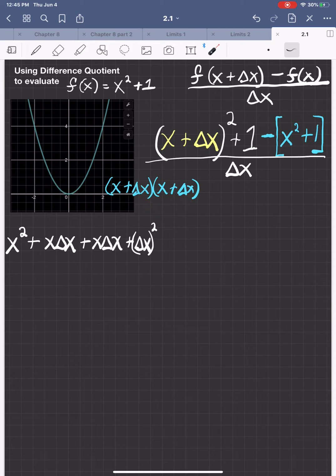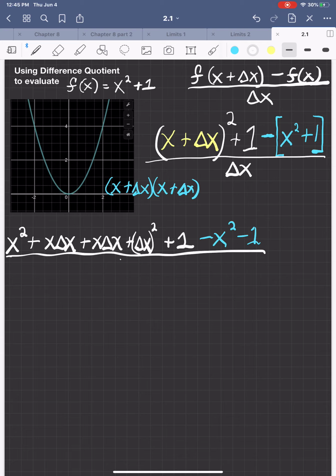So we still have our plus 1. And now let's go ahead and subtract x squared and subtract 1. So minus x squared, and then minus 1, again all over delta x.